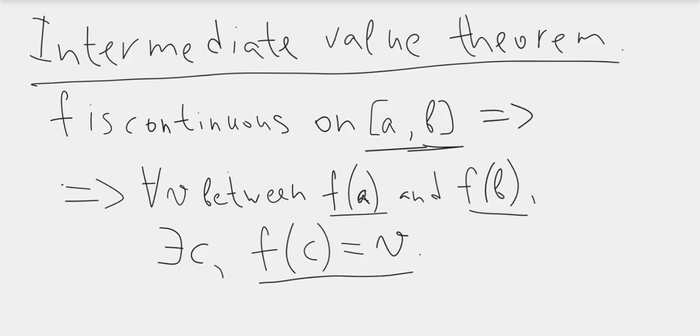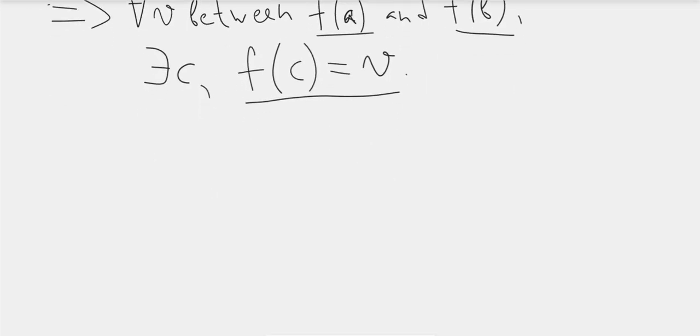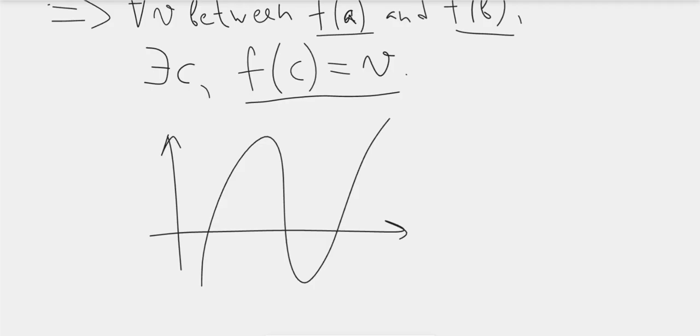So basically what it means is that, to illustrate this, let's say here is a and here is b.